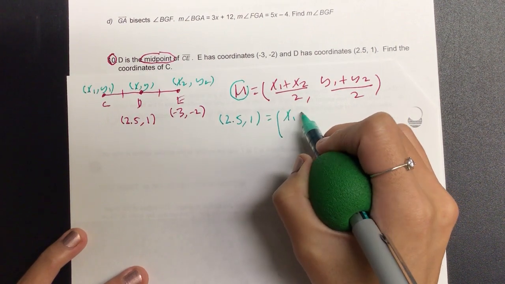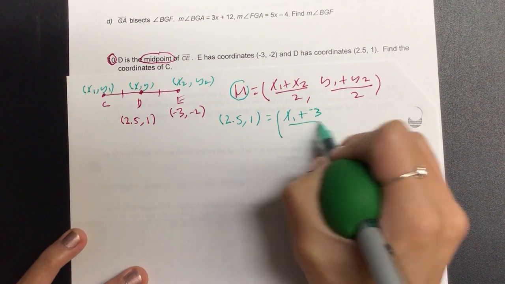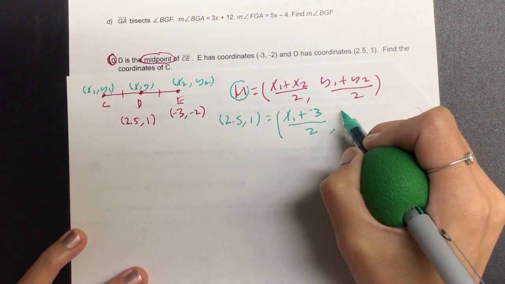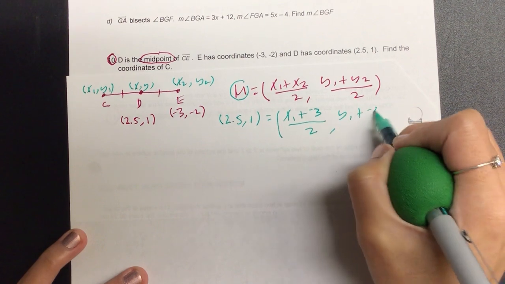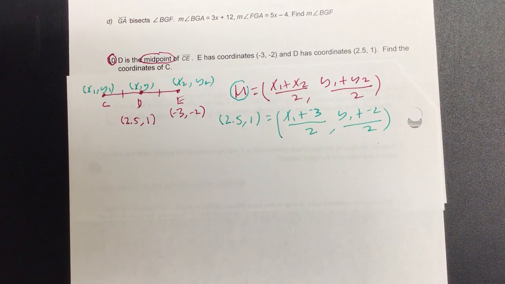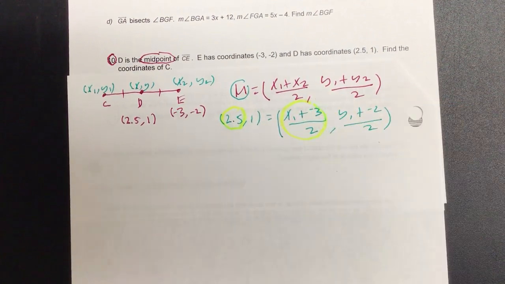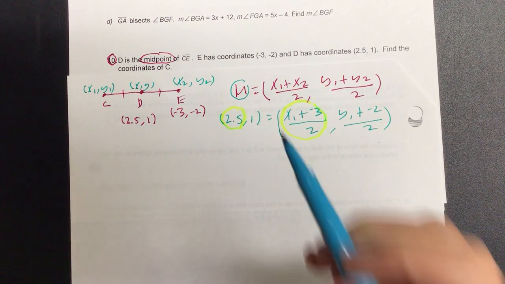If I do plus the negative, I guess I'll just leave that alone. You could just write minus if you want. And then y1 plus a -2 divided by 2. So we are going to set them equal to each other. So the x's are going to be equal to each other. And then the y's are going to be equal to each other.